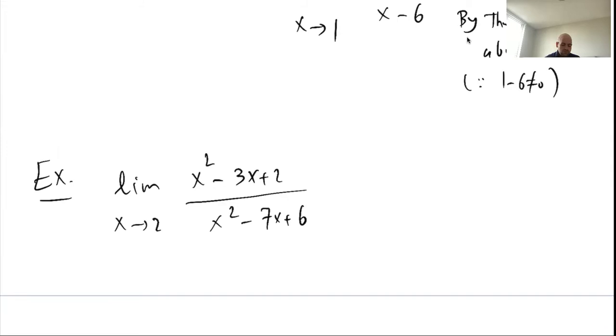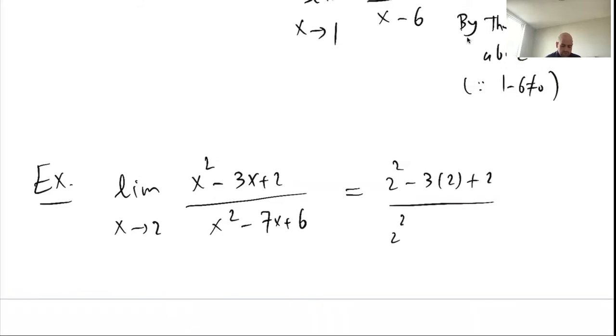So at 2, what happens? The top would be 2 squared minus 3 times 2 plus 2 divided by 2 squared minus 7 times 2 plus 6. So this is 6 minus 6 is 0 over 10 minus 14 is minus 4.